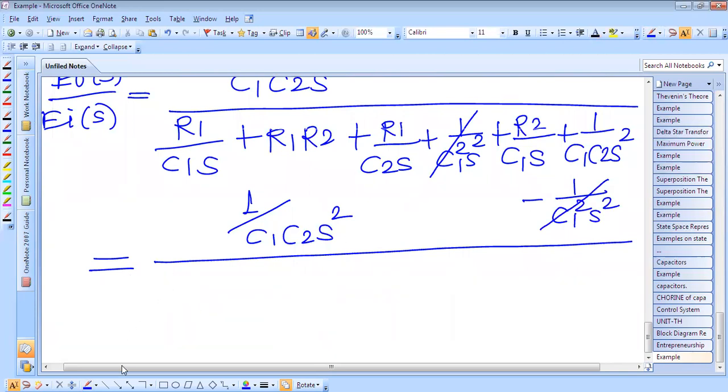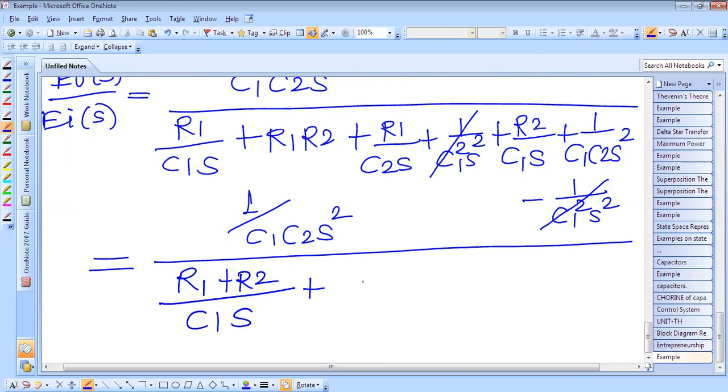So the terms remain here. This R1 plus R2 by C1S plus R1 R2 plus R1, this term we have taken.